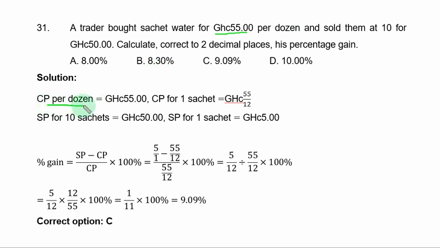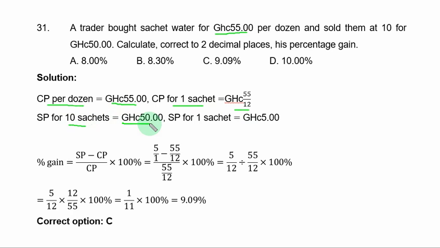CP per dozen is 55 Ghana cedi. So let's get CP for one. For one sachet, you divide 55 by 12 in this form. SP for 10 sachets is 50 Ghana cedi.